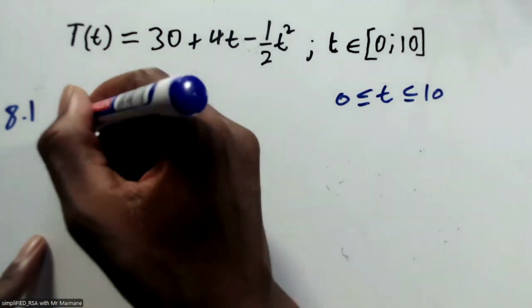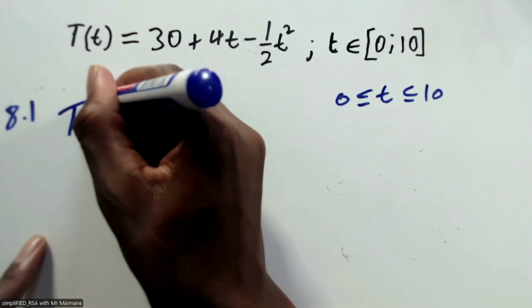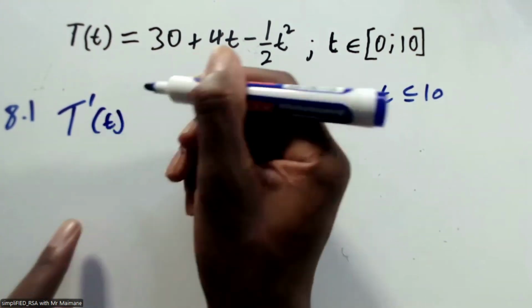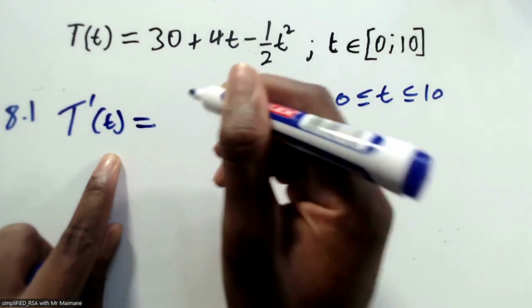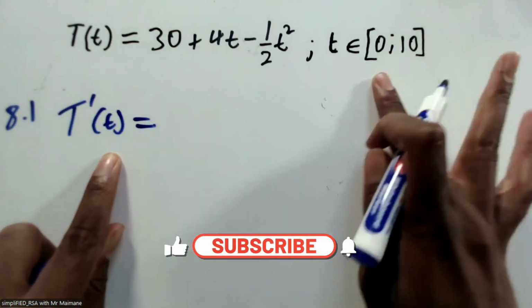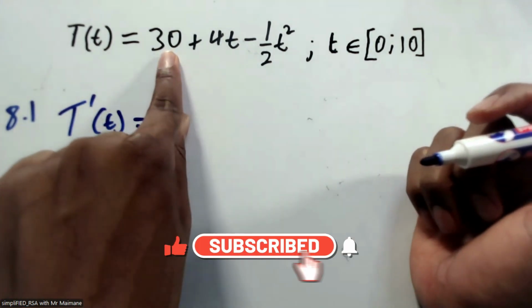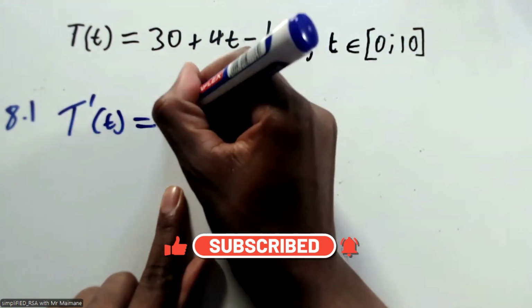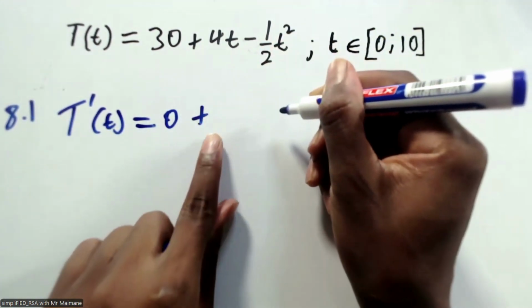So to differentiate this, I would have T prime of t is equal to, I can just remove this for now. The differential of a constant number is 0, plus.